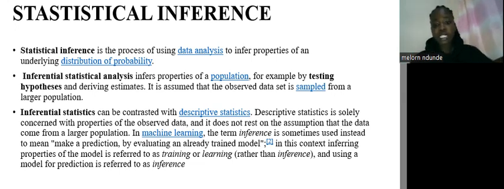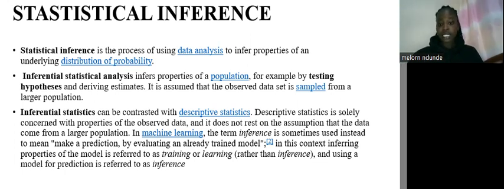It is assumed that the observed data is sampled from a larger population. Inferential statistics can be contrasted with descriptive statistics, which is solely concerned with properties of the observed data and does not rest on the assumption that the data come from a larger population.